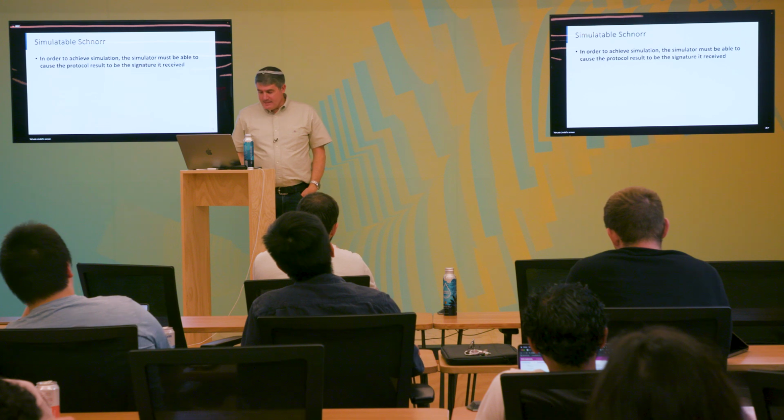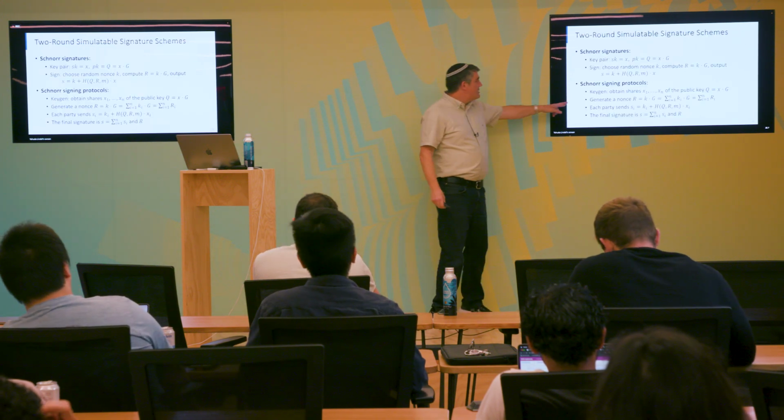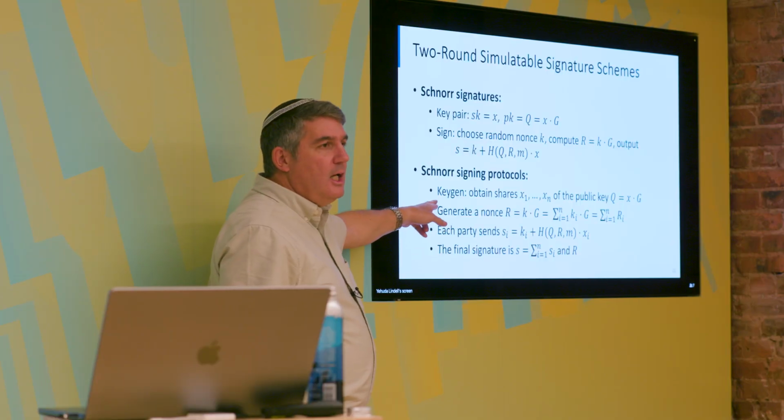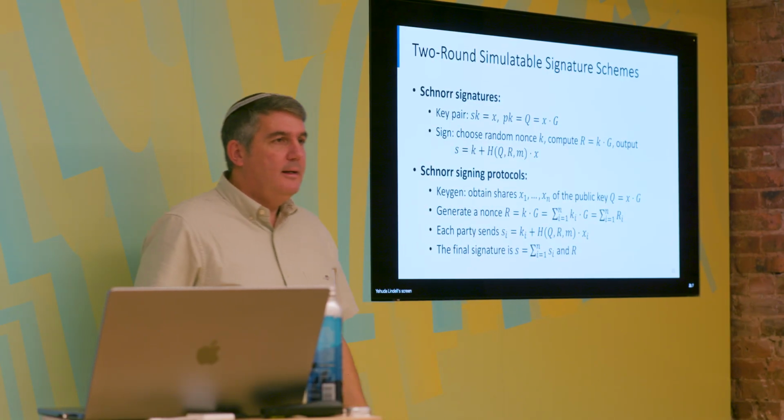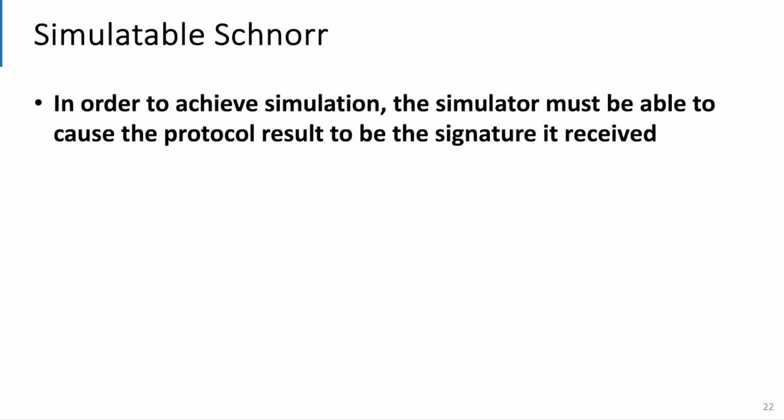And as Chelsea mentioned, the challenge here, or the interesting part, is really this step here. How do we generate this nonce in a way that will be as we want it to be? And as I'm sure you can already see, in order to achieve simulation, what that means is I need to get a signature from the trusted party and make the output of the result be that signature.